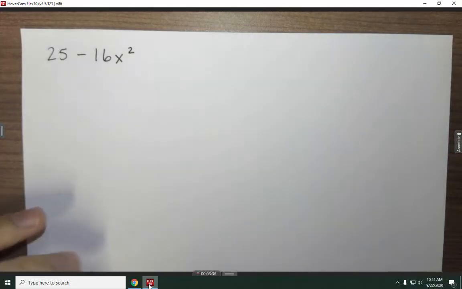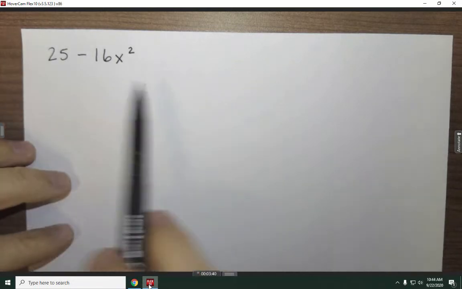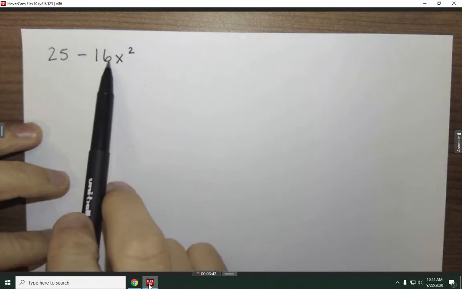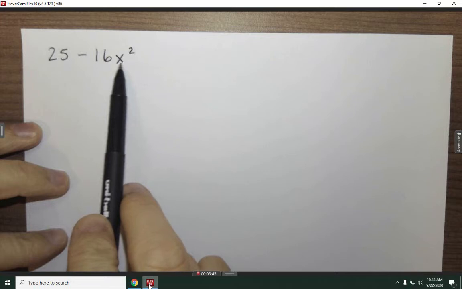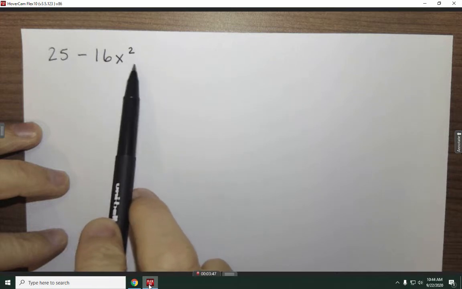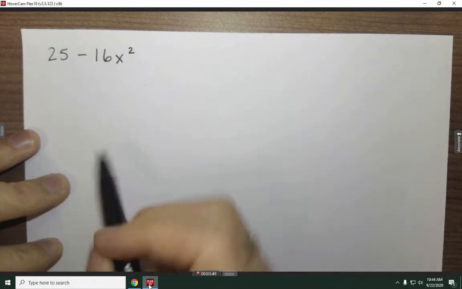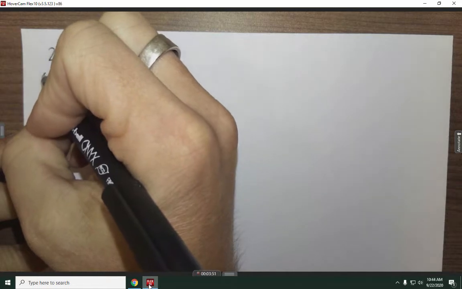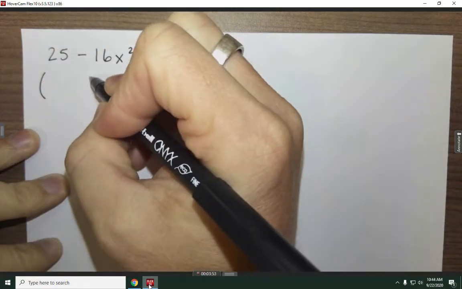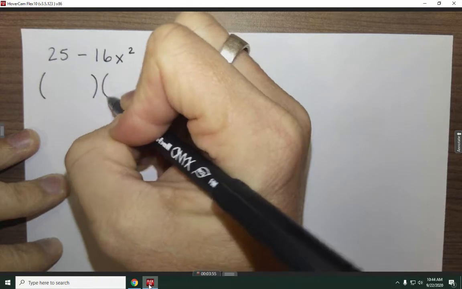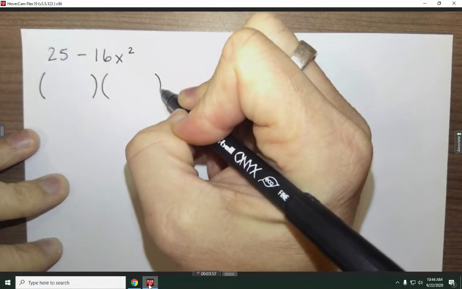Back to it. We've got 25 minus 16x squared. We've determined that 25 is a perfect square, 16 is a perfect square, and x squared is also a perfect square because x times x makes this. That being said, we typically have two parentheses that make a trinomial.